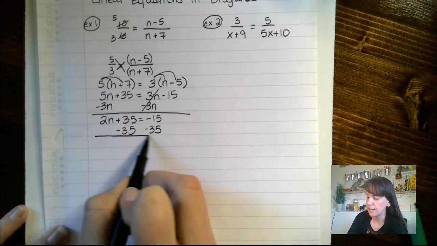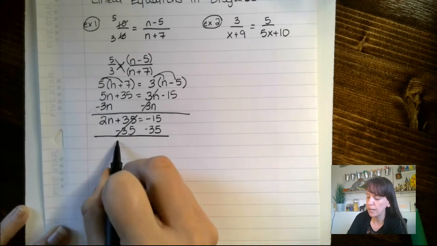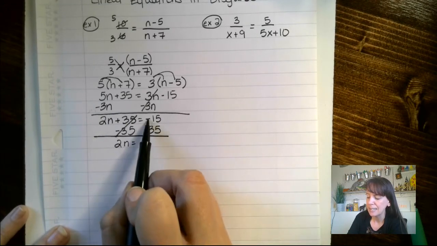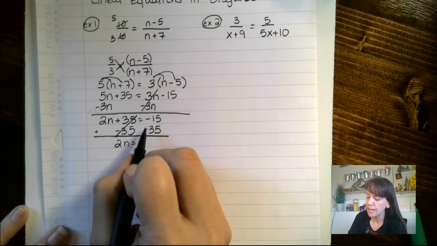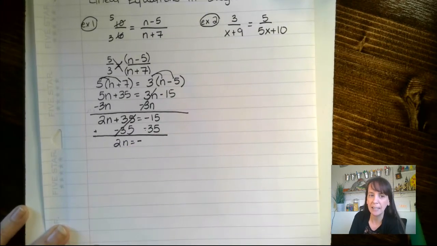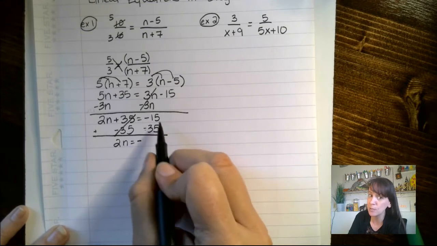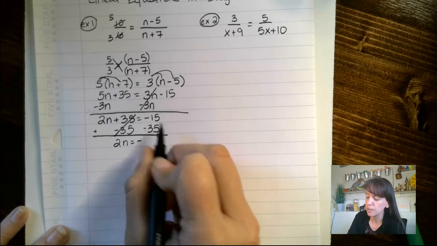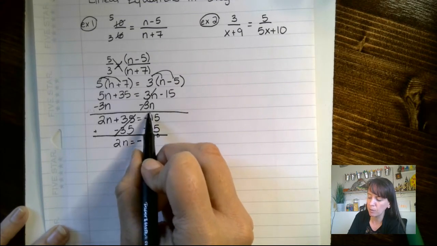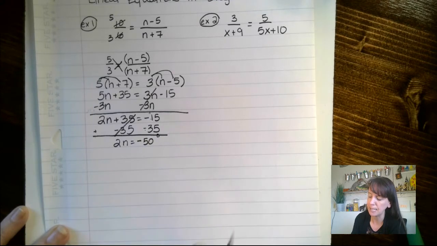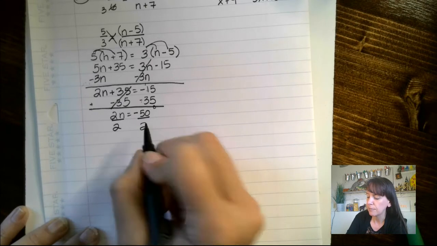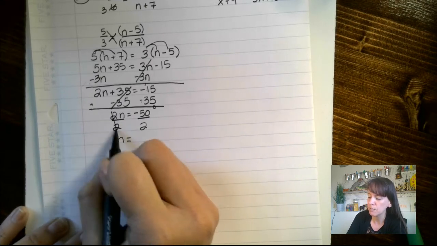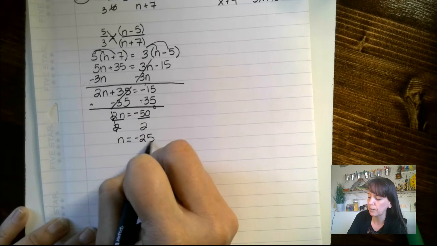These guys cancel out here, and I have 2n equals negative plus a negative. When I'm drawing the line, it's always that I'm adding. A negative and a negative here is still going to be a negative, and we're going to add those together because they're the same sign. So 0, carry the 1, we end up with 3, 4, 5. So negative 50. Divide both sides by 2, and we get negative 25. N equals, cancel those guys out, negative 25.